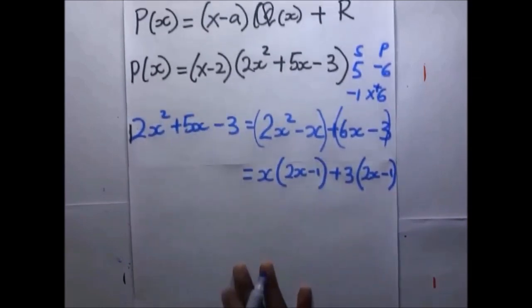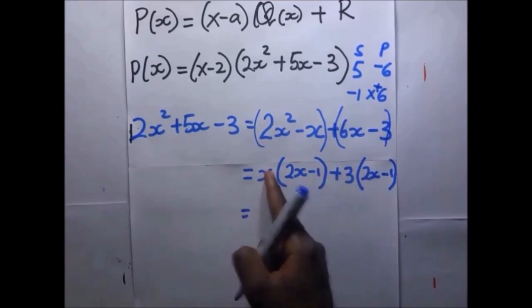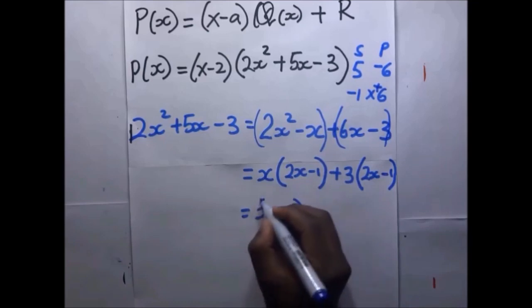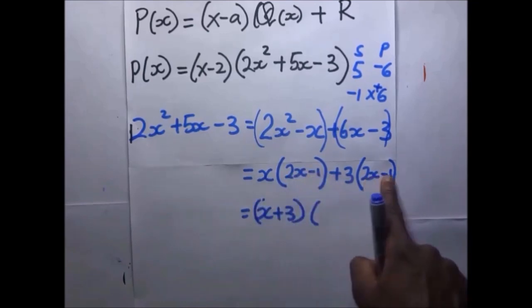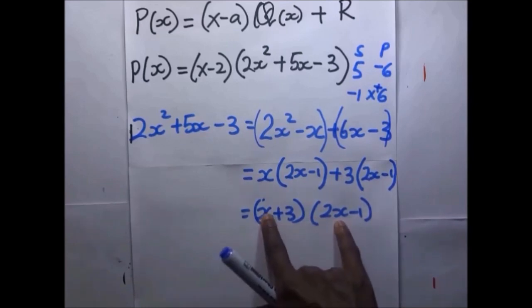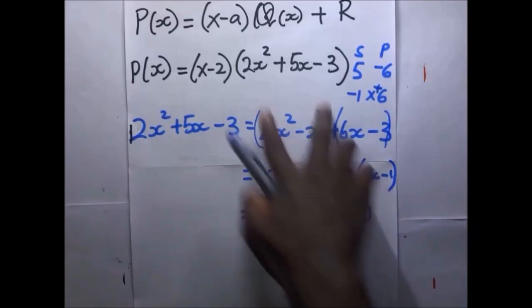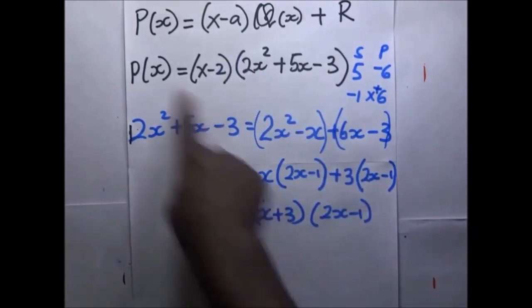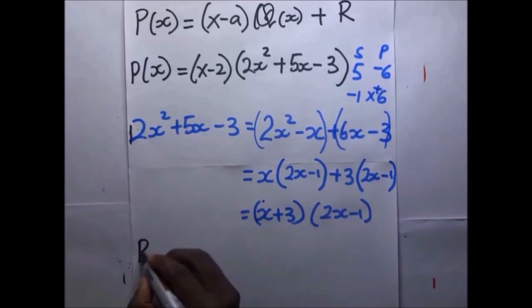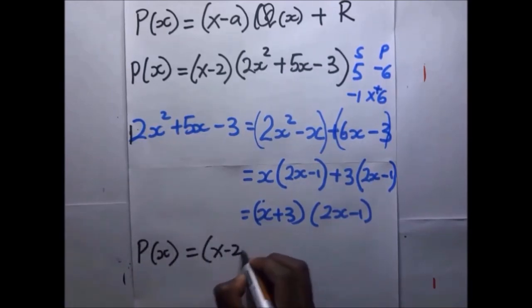And then our answer here will be, we have the common terms in the brackets being the same, so it becomes x plus 3 into 2x minus 1. So now we've prime factorized this quadratic equation. So these now come and replace this. It means that our original statement there is going to become p of x, which is our polynomial, is going to be equal to x minus 2.